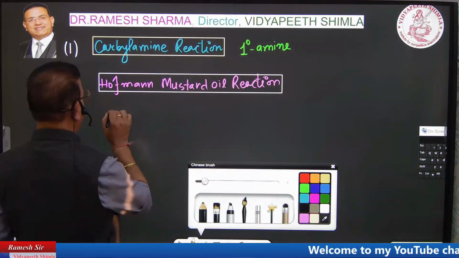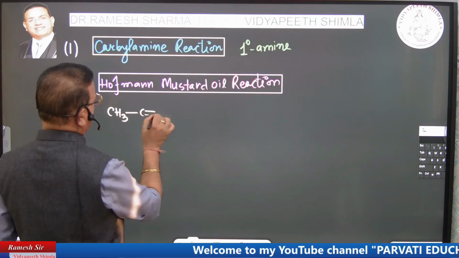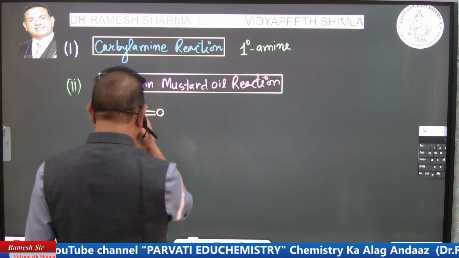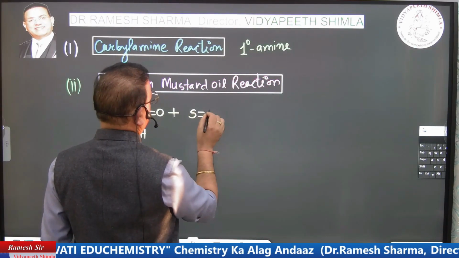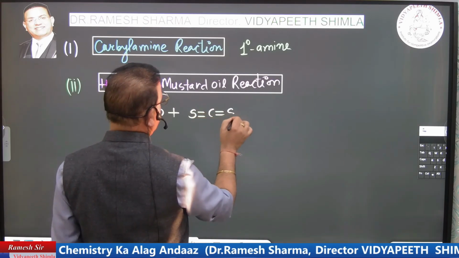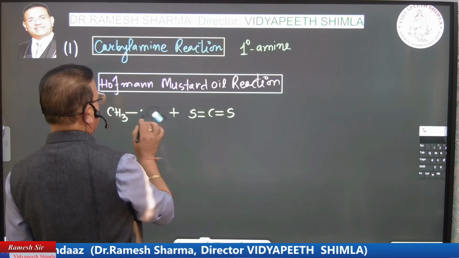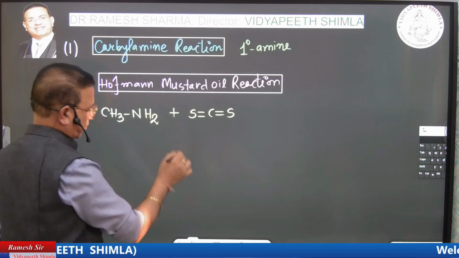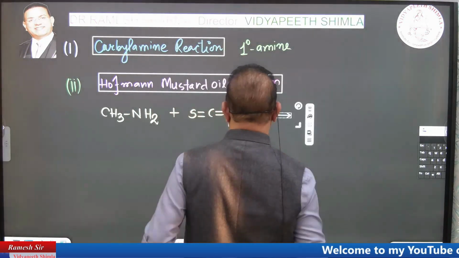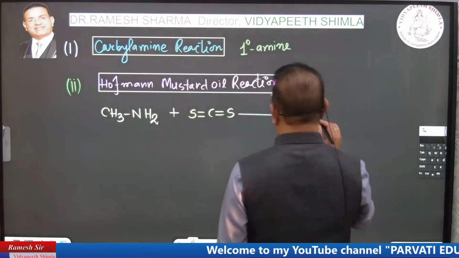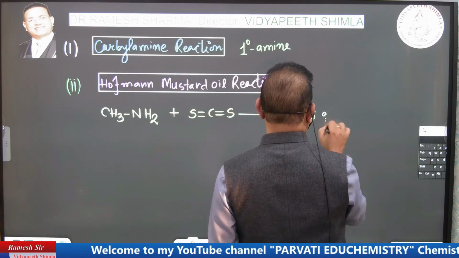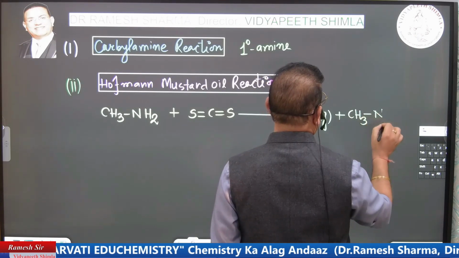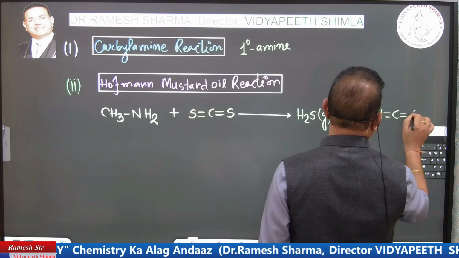You treat the amine with carbon disulfide, not carbonyl; we do the reaction of the amine, and after that we take primary amine. When primary amine is treated with this, H2S is lost. H2S is a gas, and we are left only with CH3N=C=S.